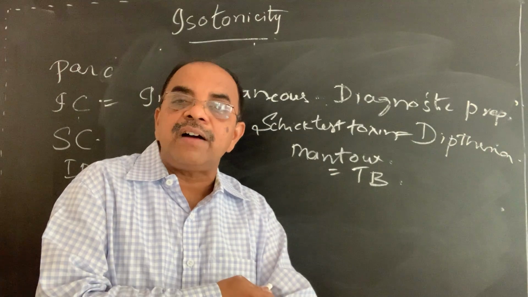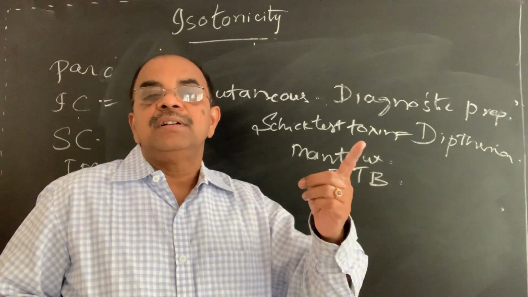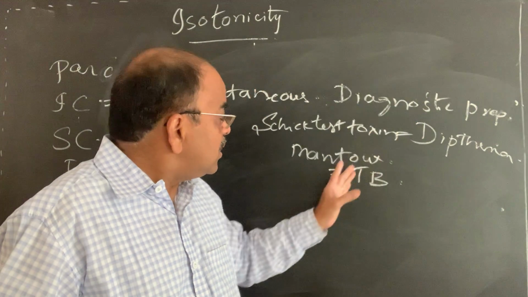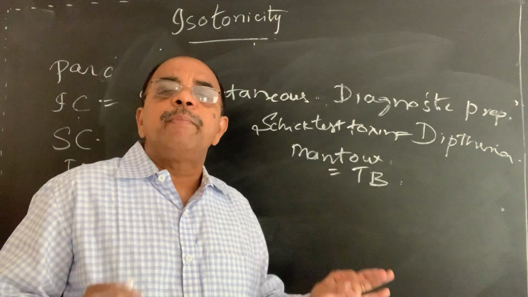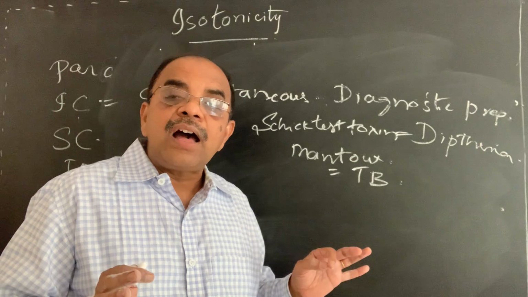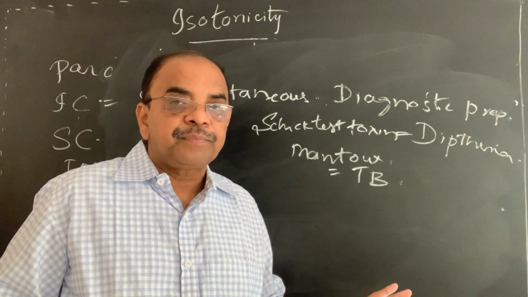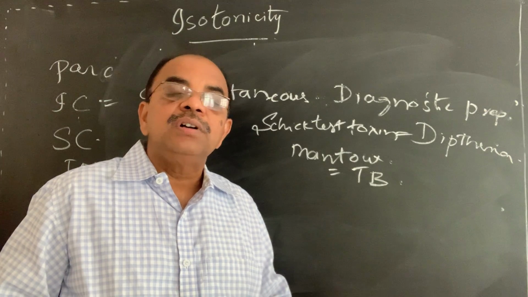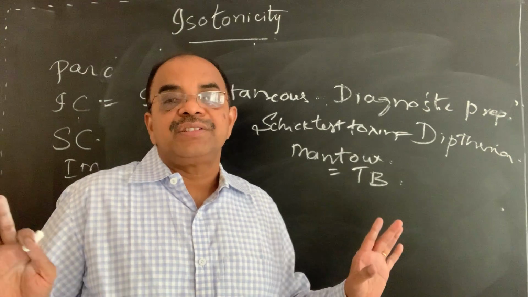That swelling is because you are injecting a hypertonic solution of the Mantoux or Schick test. So all preparations meant for the intracutaneous route must be isotonic. Otherwise, it may give confusing results in the diagnosis of diseases.